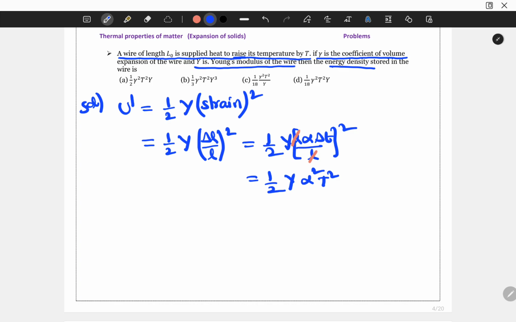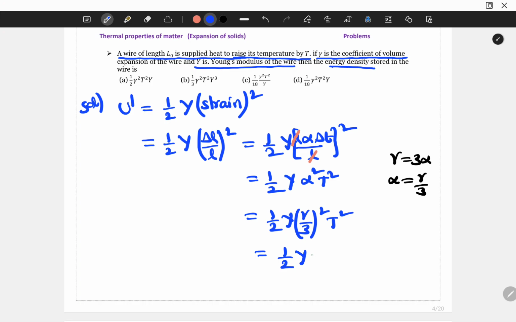But options are given in terms of gamma. We know gamma equal to 3 alpha. Therefore alpha is equal to gamma by 3. So as a next step, half into Y into gamma by 3 whole square into T square, that equals half into Y into gamma square by 9 T square, that is equal to 1 by 18 Y gamma square T square.